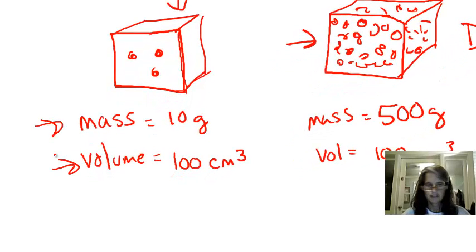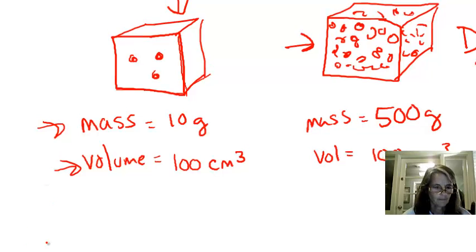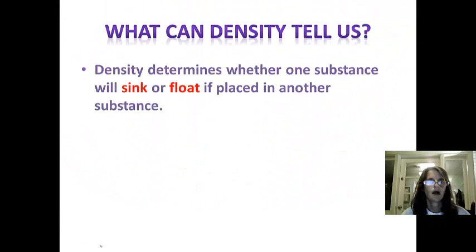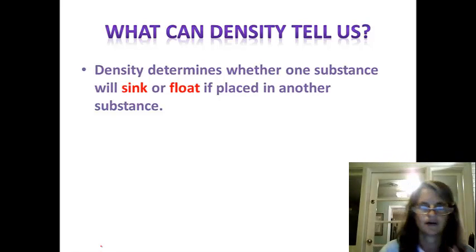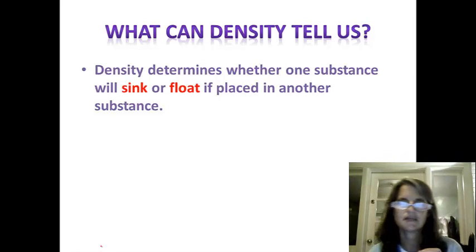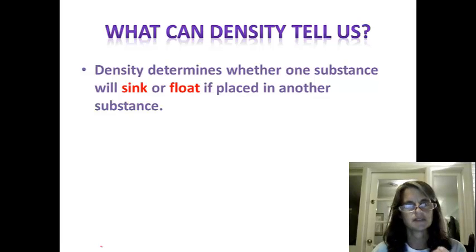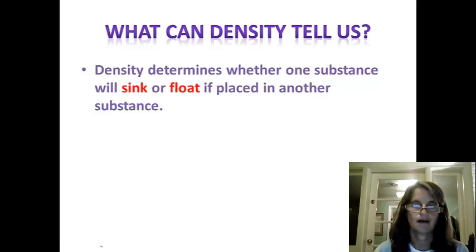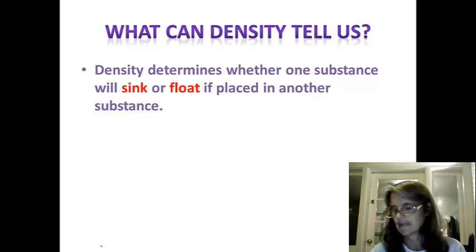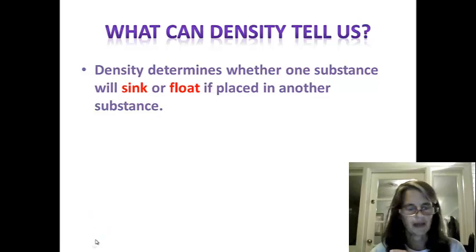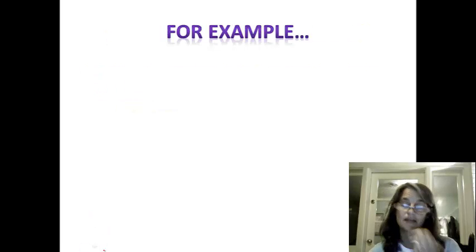All right, so density is really important in earth science because it tells us if one substance is going to sink or if it's going to float relative to some other substance. That's going to make a lot more sense as we start getting into things like weather and so on.